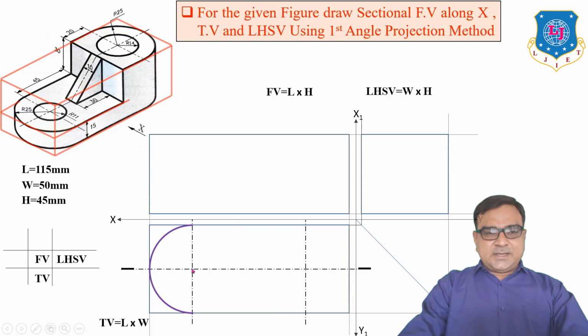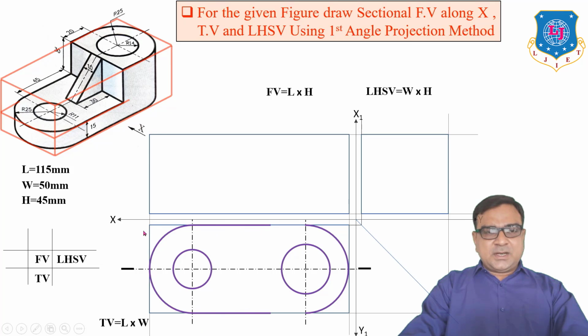Now take the center, 25 mm radius, and draw one semicircle. Similarly, center, 25 mm radius, another semicircle. Draw a full circle of radius 11 and a full circle of radius 40.